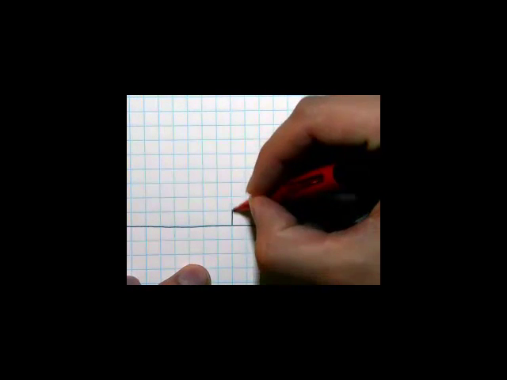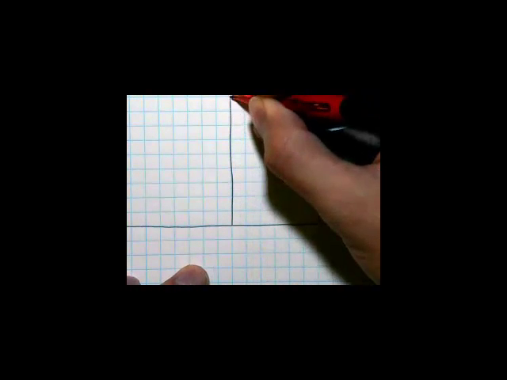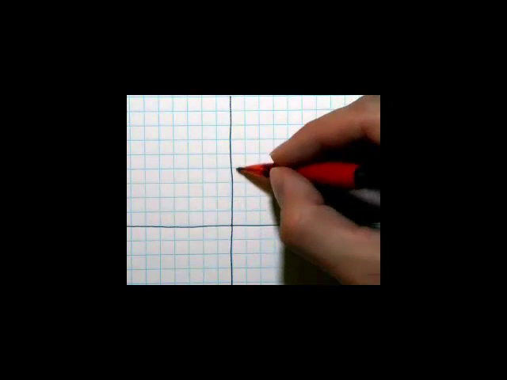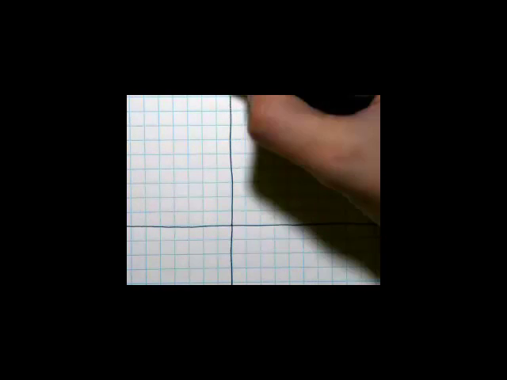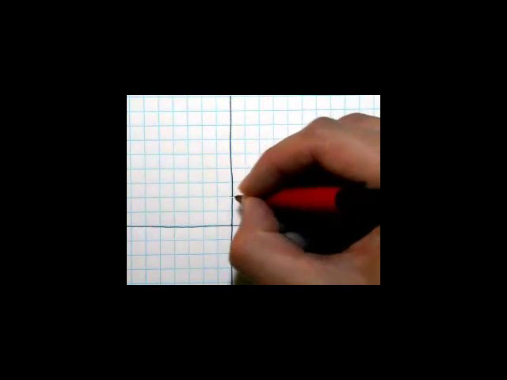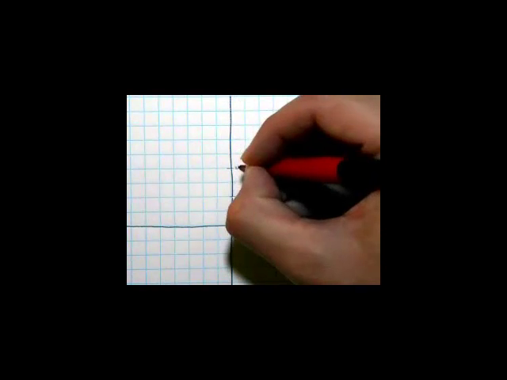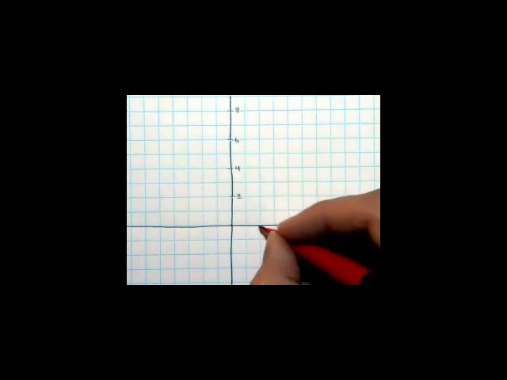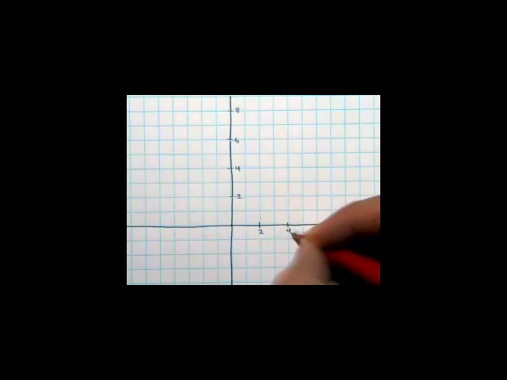I'm going to use up the whole page here. Well, not that big, I guess, but pretty big. At least 10: 1, 2, 3, 4, 5, 6, 7, 8, 9, 10. Probably 10 in every direction would be good. You want enough room where your protractor will fit on the page so you can actually use it effectively.